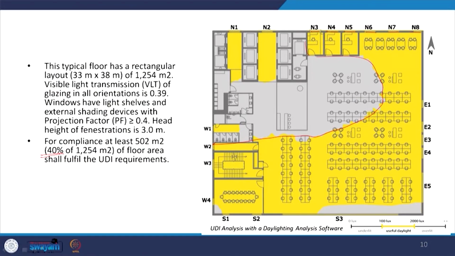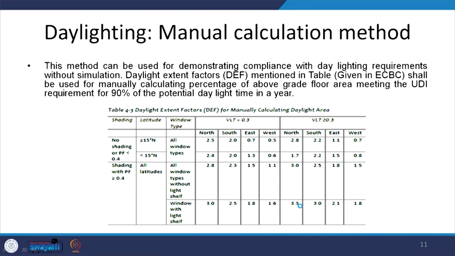So, if the total floor area was 1254 square meters, at least 502 square meters of this total floor area is supposed to be lit. Now, how do we prove the compliance? One method is by using simulation tools, which we will subsequently see in other portions of the ongoing discussion.